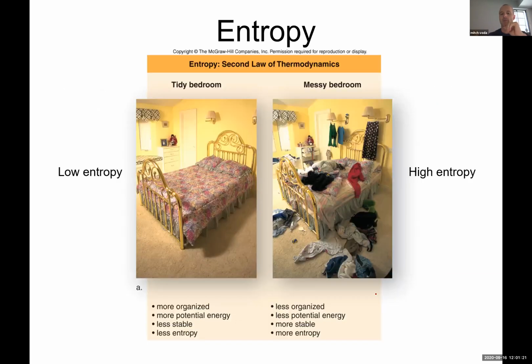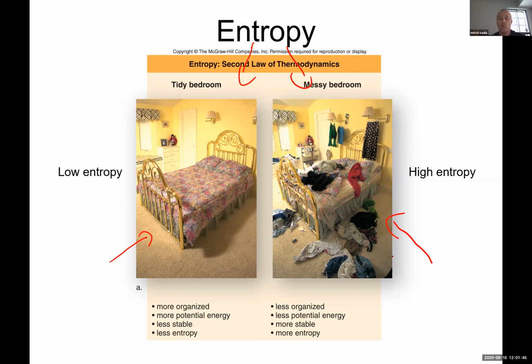Now, when you look at the next picture, you can see 2 bedrooms. Which one has more entropy and which one has less entropy? This one to the left right here has less entropy. Why? Because it's just very organized. This one that has more disorder has way more entropy.